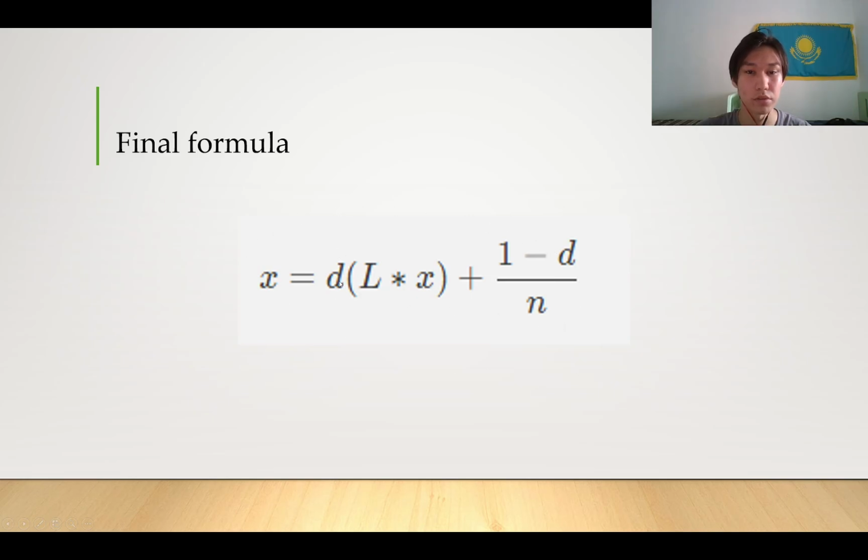Damping factor is going to be multiplied by our initial formula, and also we will add this value, which represents the probability of a surfer addressing a random web page not connected by a link. So this is our final formula of the PageRank algorithm, and the usage of eigenvalues makes computation a lot faster and automatic.